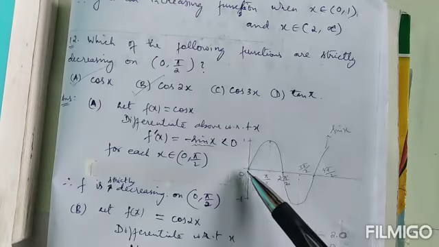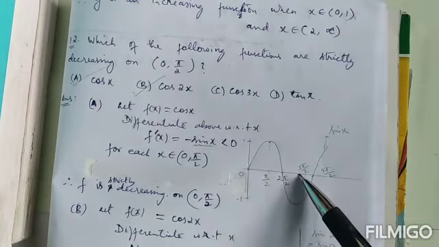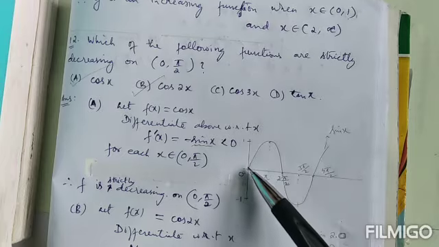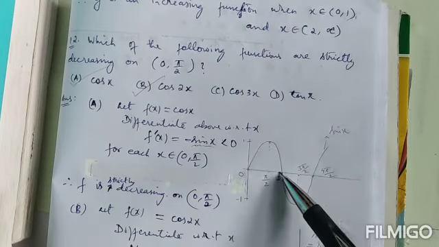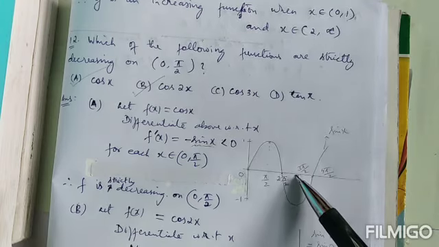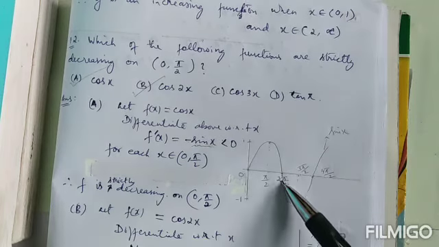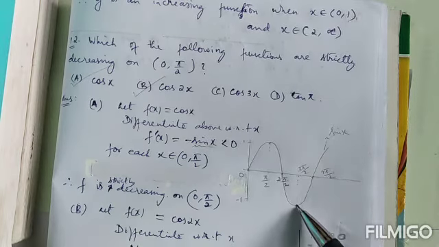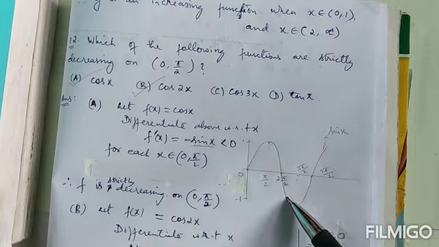Let us look at the graph. From 0 to 3 pi by 2, from here to here. From 0 to pi, we have seen it is positive, above the x-axis. But from pi to 3 pi by 2, from here to here, the graph is below the x-axis, so it will be negative.